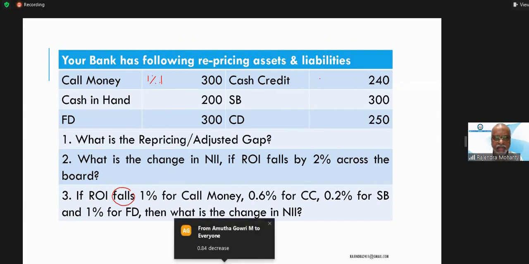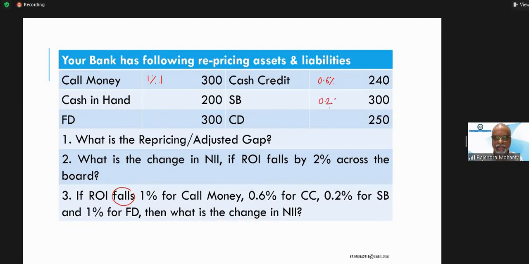Here cash credit is 0.6%. Then your savings bank is falling by 0.2%. FD is falling by 1%. So call money falling, 1% I will simply take as 3. Plus cash credit falling by 0.6% of 2.4 is 1.44. So the total fall becomes 4.44.